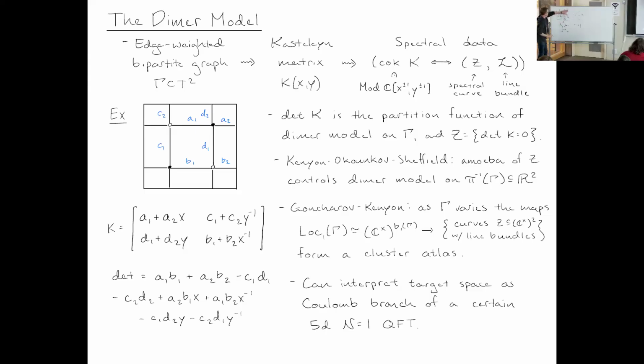So locally near a square face of the graph, I have coordinates on the space of local systems given by the polynomials around each of the faces. So that's some natural coordinate system that I could put on the space of local systems on this graph.